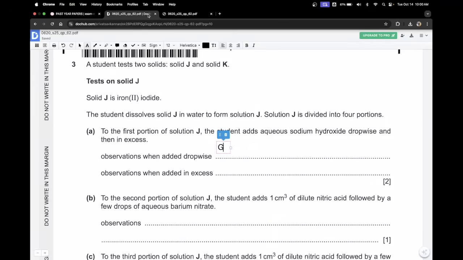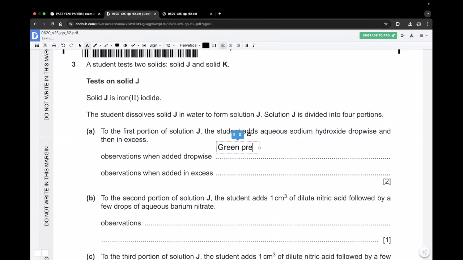Let me just ensure I write precipitate as a whole, by the way. They don't like it when you use PPT. Precipitate, insoluble, or turns brown on standing. You can just write the whole thing, that's not really a problem. But you technically do not need this here, so you can just take insoluble because they only ask about excess.